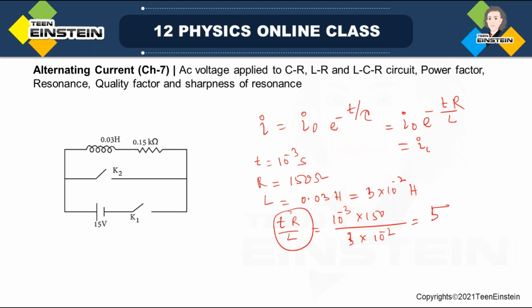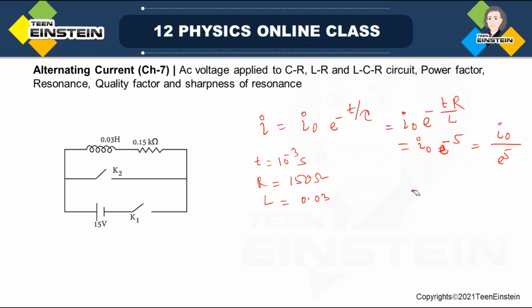So I is I0 e to the power minus 5, or I0 divided by e to the power 5, and it is given that e to the power 5 is nearly equal to 150.